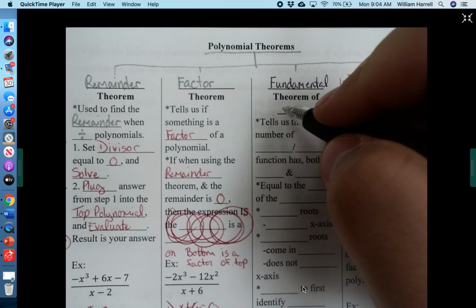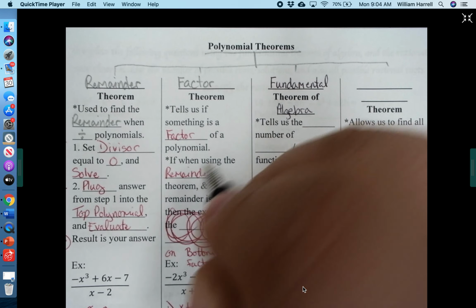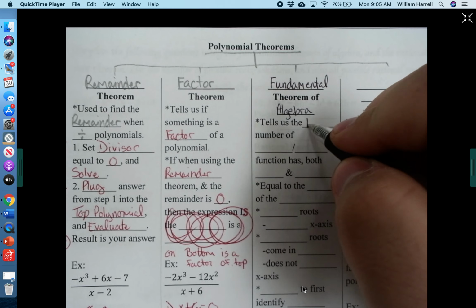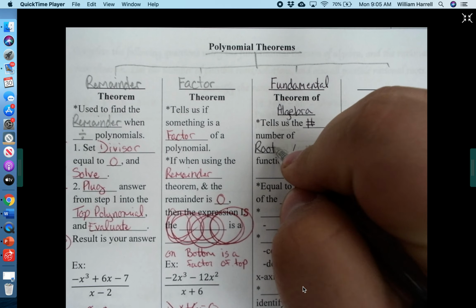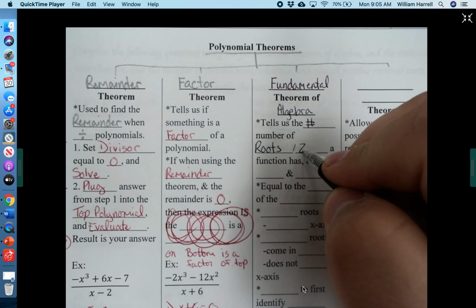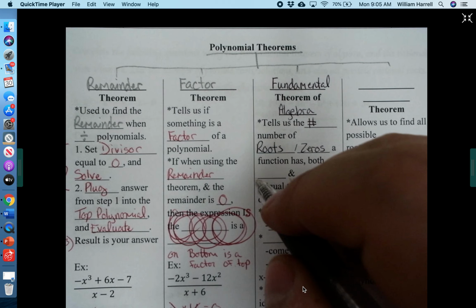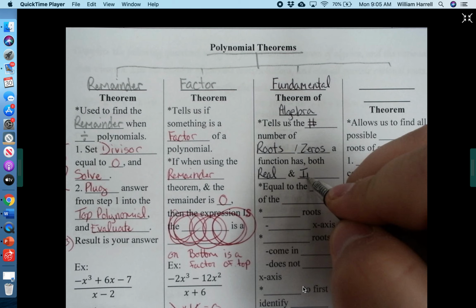The first thing we're going to look at is the Fundamental Theorem of Algebra. Of the four theorems we look at in Math 3, I believe this is the easiest one because it is very simple. It tells us the number of roots/zeros, and remember those can be used interchangeably, that a function or polynomial has, in both real and imaginary.